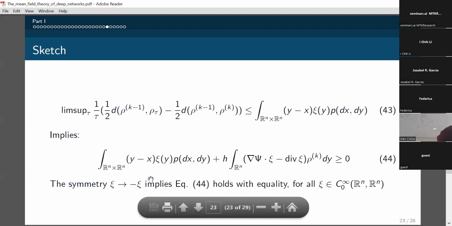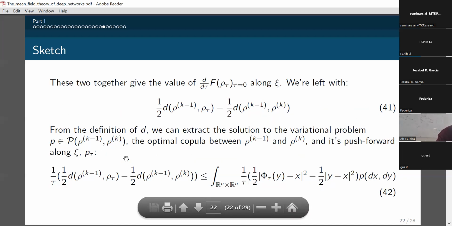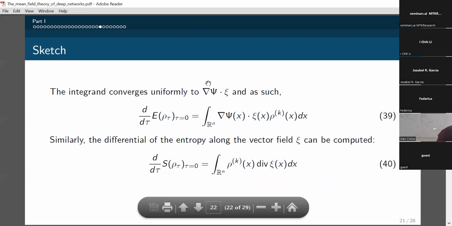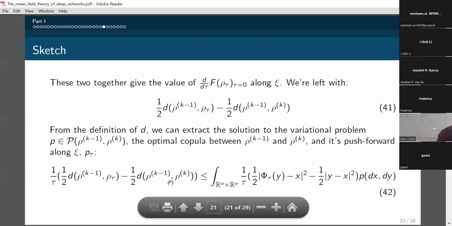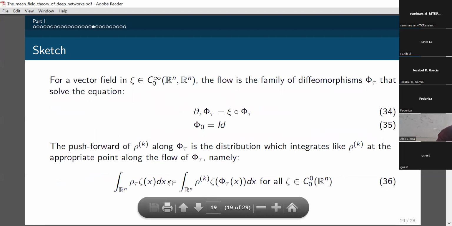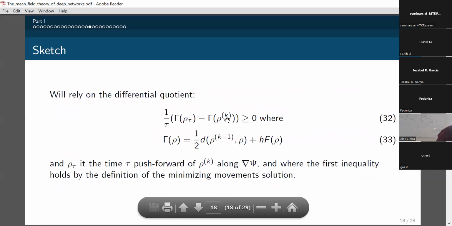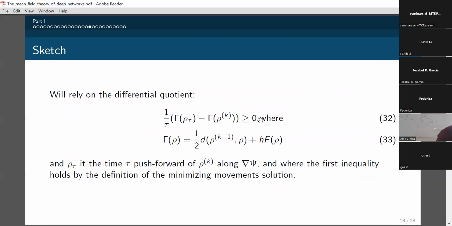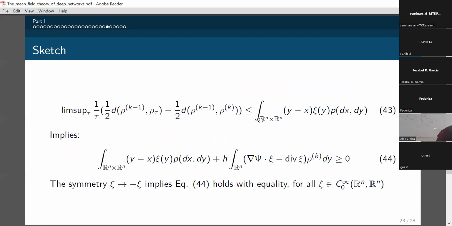Okay, so all of this implies that, together with the evaluation for E and S put together, and equation 32, where we started off with the variational quotient, plugging all of these in implies that this differential quotient is greater or equal to 0.